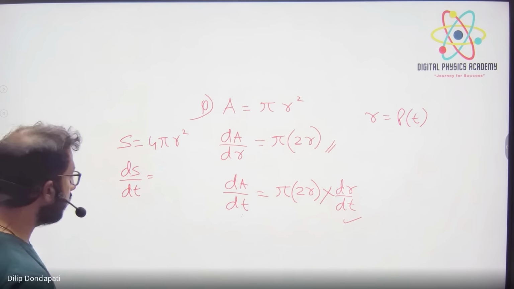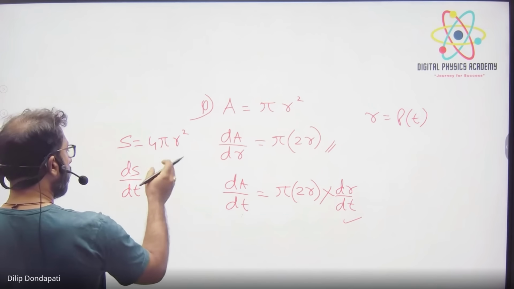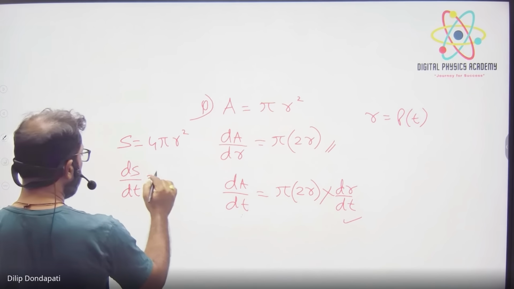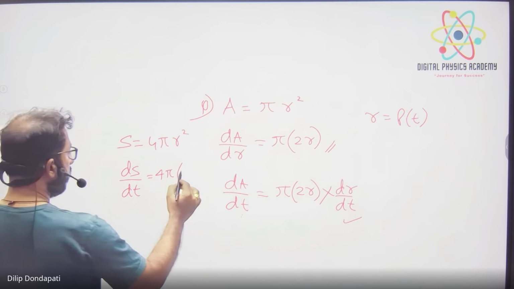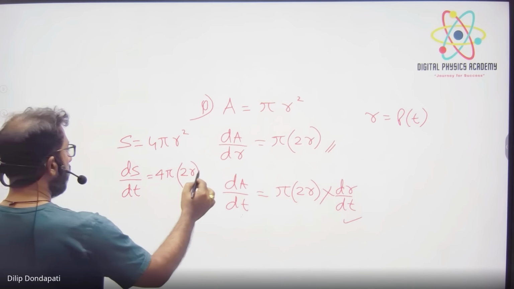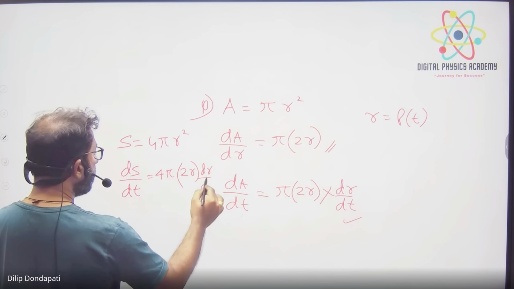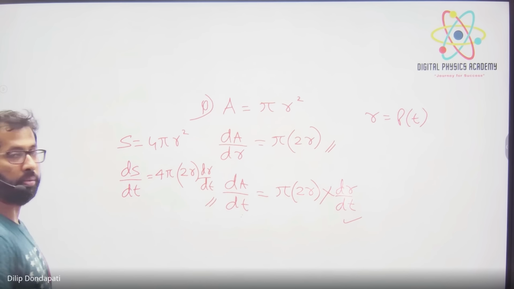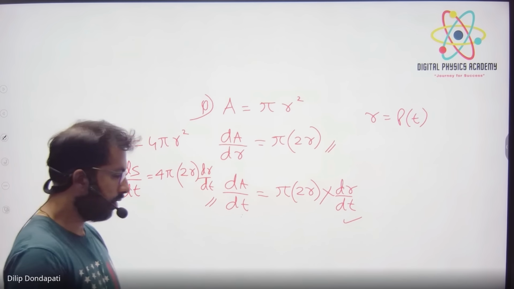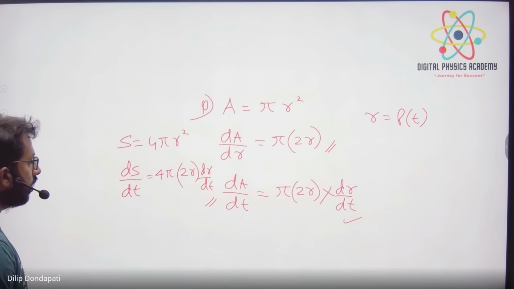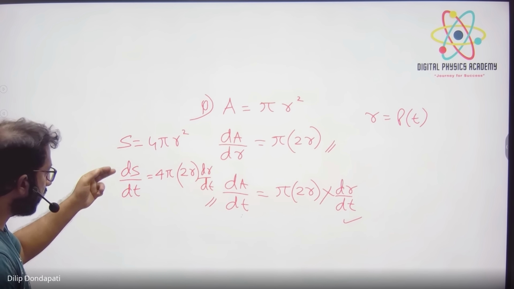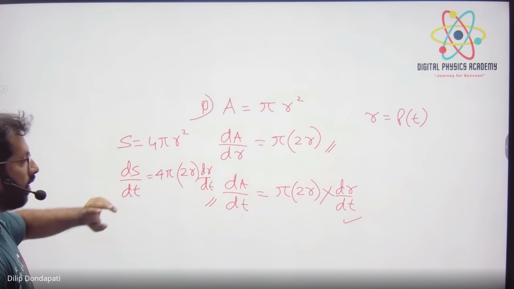So what will we do? First simplify, multiply later. 4 pi is coming outside, into differentiation of r square, which is 2r, into, since r is depending on time, dr by dt. Extra term will be coming. Very important. Write down these examples. So we should learn whether it is asking with respect to time or with respect to r, like that we have to know.